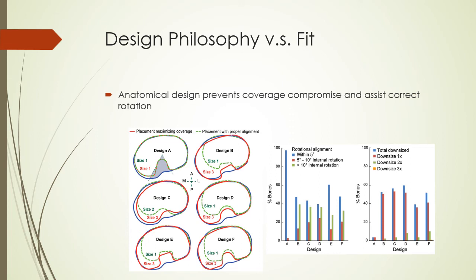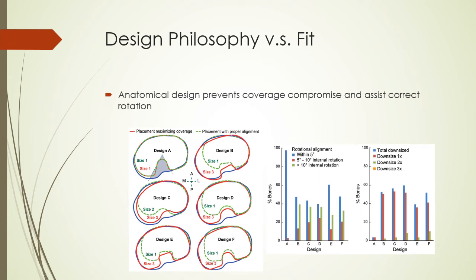And on the right, you can see a summary of how, on the larger scope, based on several hundred patient data, CT-based surfaces, CT-based placement, the percentage of bones requiring internal rotation to achieve the maximum size possible is much lower with design A compared to the other designs.